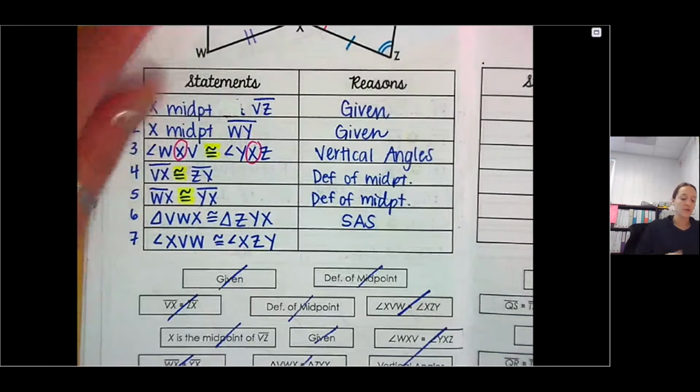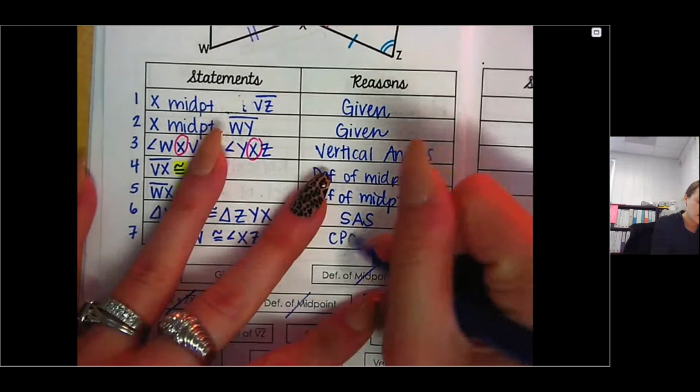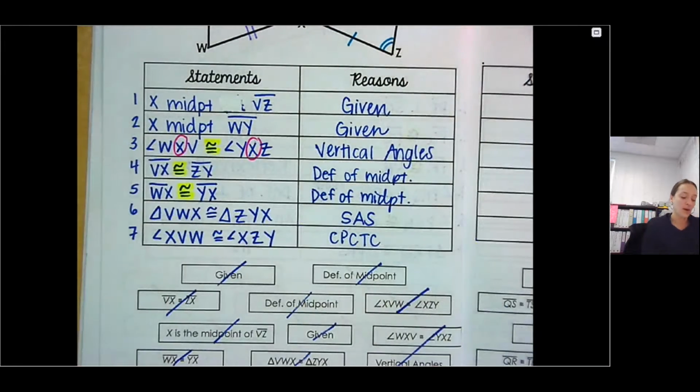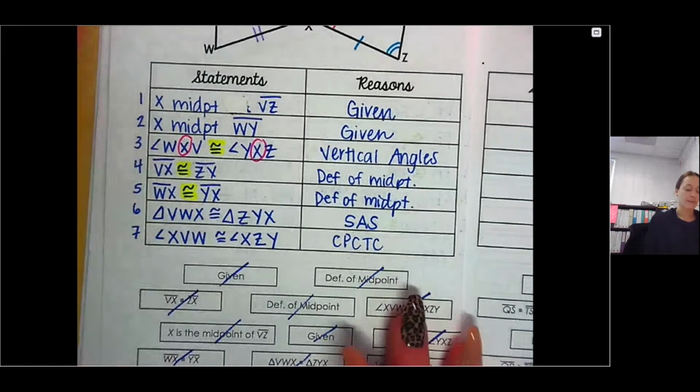So this last one here, CPCTC, I don't know where we're going to write the acronym because it's very long. I'm going to put it up at the top, okay?